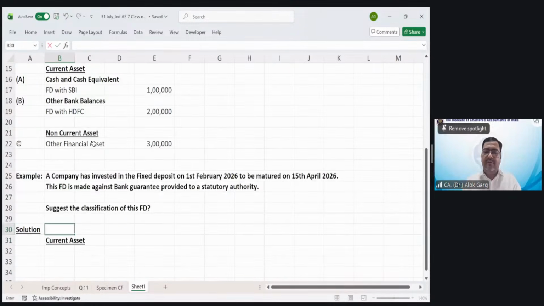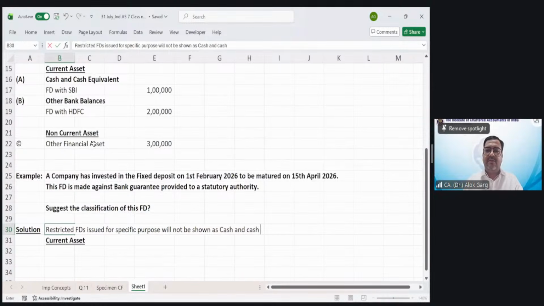Restricted FDs, issued for a specific purpose, will not be shown as cash and cash equivalent.